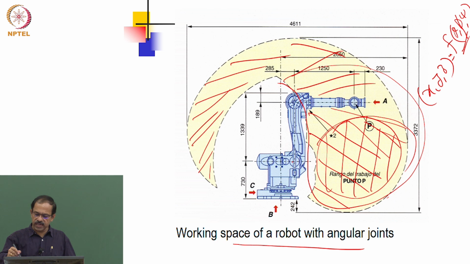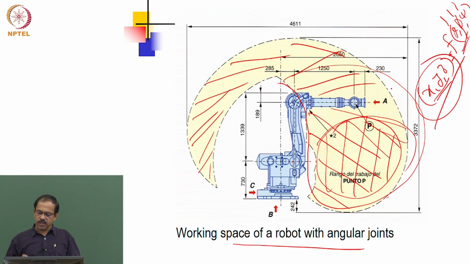If we know this relationship between the coordinates x, y, z and the joint variables, then for every value of theta, every value of phi and every value of psi, you will be able to find out what is the position that it can reach. And the set of all these points basically makes the workspace. So all the points in the workspace can be obtained by substituting the values of theta, phi and psi in this relationship.